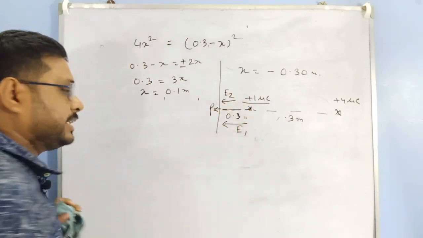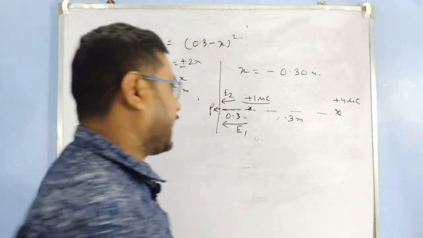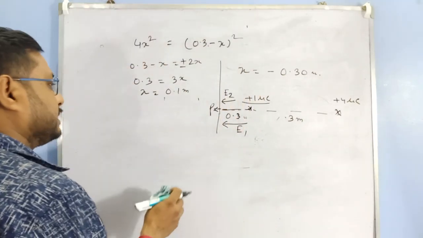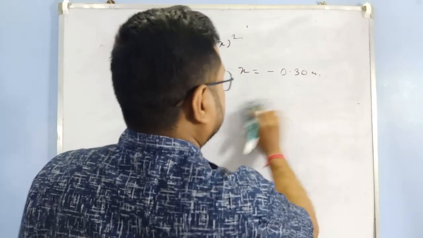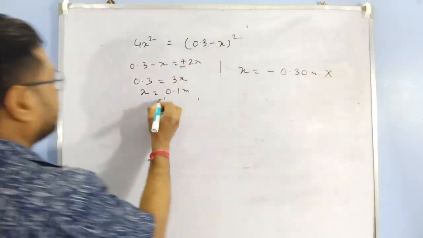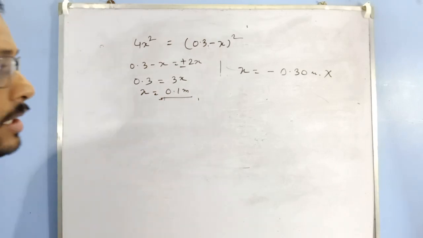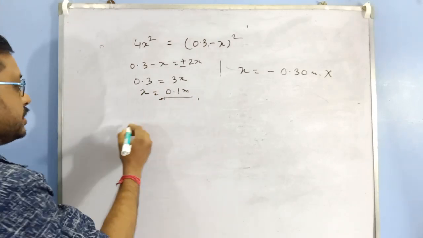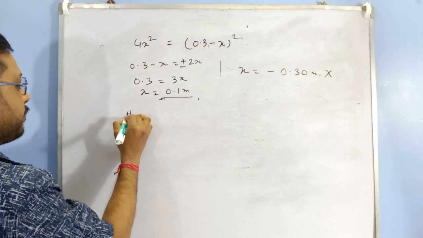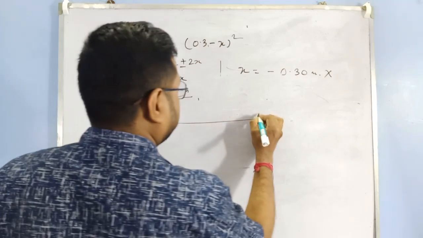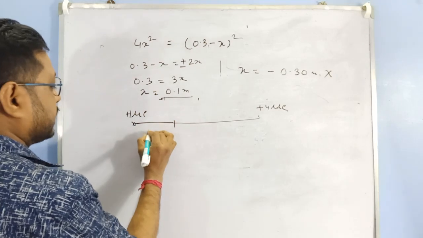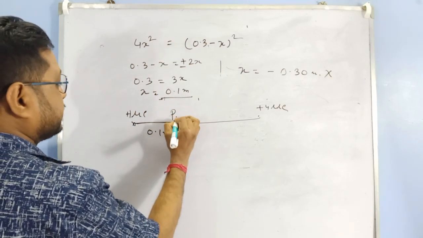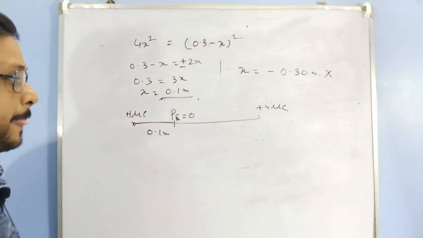So, the resultant intensity will not be 0. They add up and give a non-zero resultant intensity, so we cannot go with this answer. So x equals 0.1 meter. At a point 0.1 meter from the plus 1 microcoulomb charge, the resultant intensity will be 0.